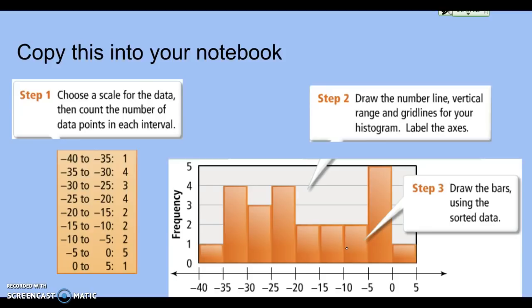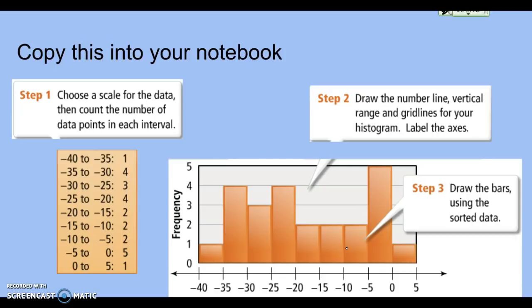So if you look over here to the left, you can see how you've got one that is grouped in the below 40 to below 35 group, 4 that are below 35 and 30, 3 that are below 30 and 25, and so on.